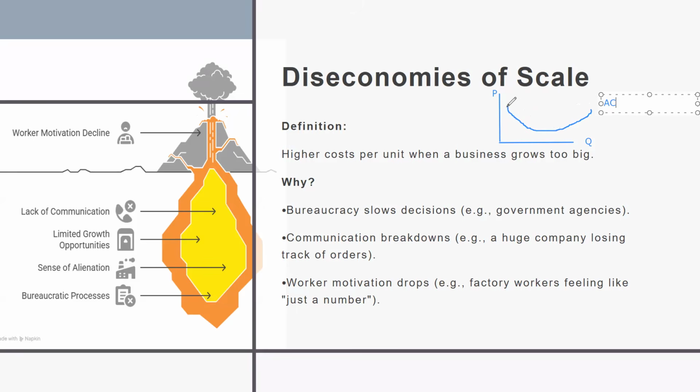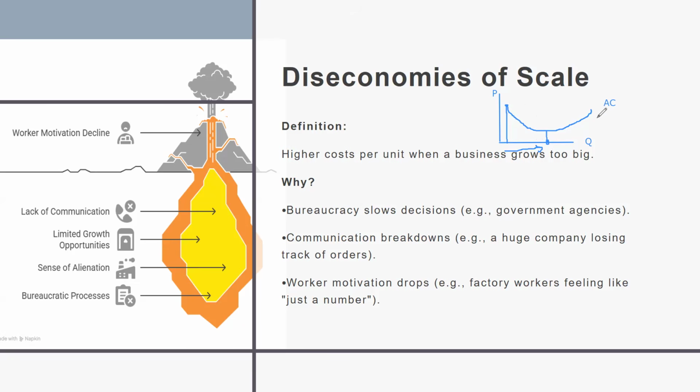And you see from when you produce from here, this amount of goods, all the way to about this amount of goods here, that will be economies of scale. So as you're growing in size and you're producing more, your cost is going down. You notice your cost is going downwards here. It's becoming less and less and less. That will be economies of scale.